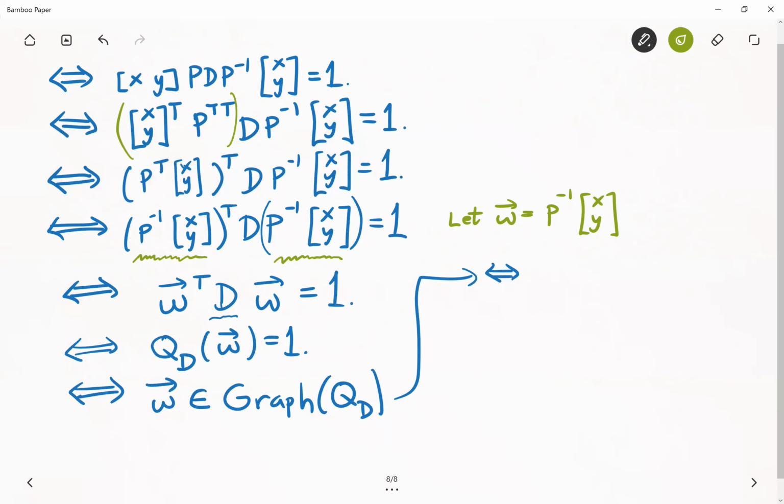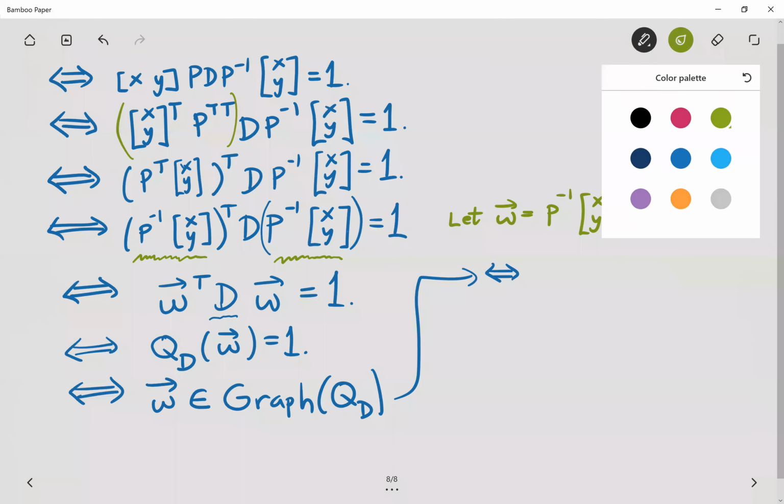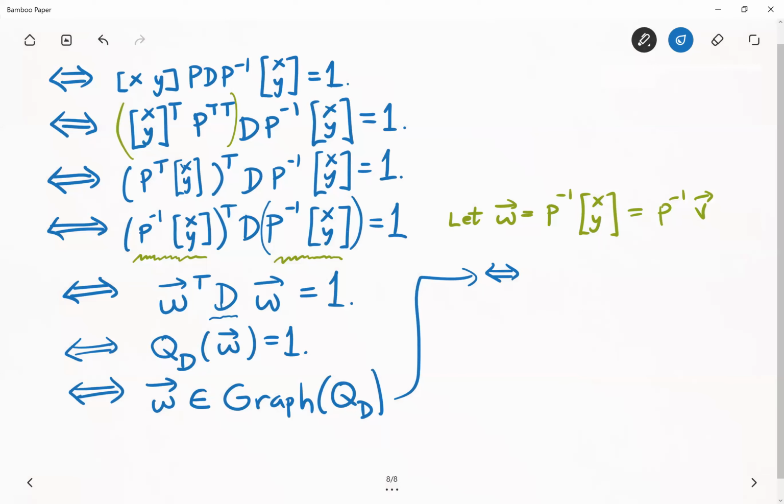And really, xy, we had also originally written that as V. So here, I can substitute P inverse of V is on the graph of the quadratic form Q_D. Now what I'd like to do is move this P inverse to the other side.